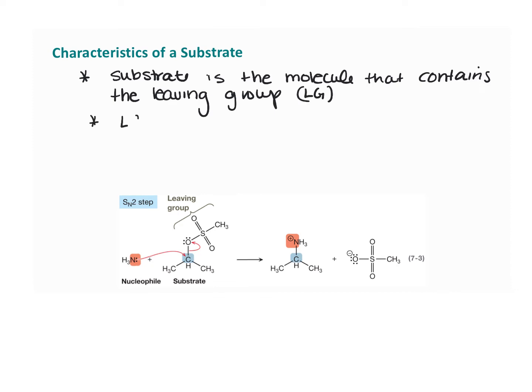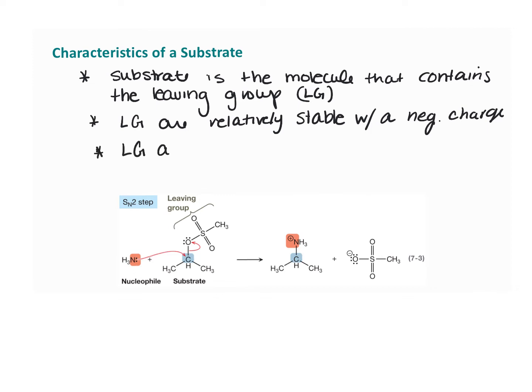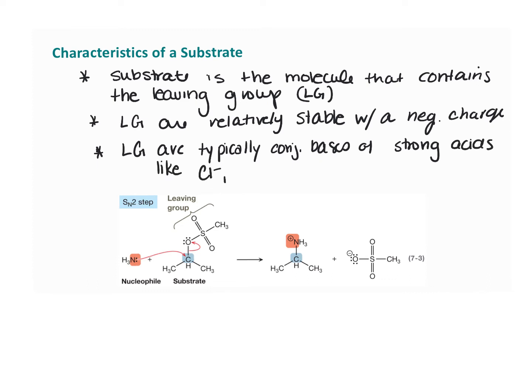Leaving groups are relatively stable with a negative charge. Leaving groups are typically conjugate bases of strong acids, like Cl minus, Br minus, I minus.